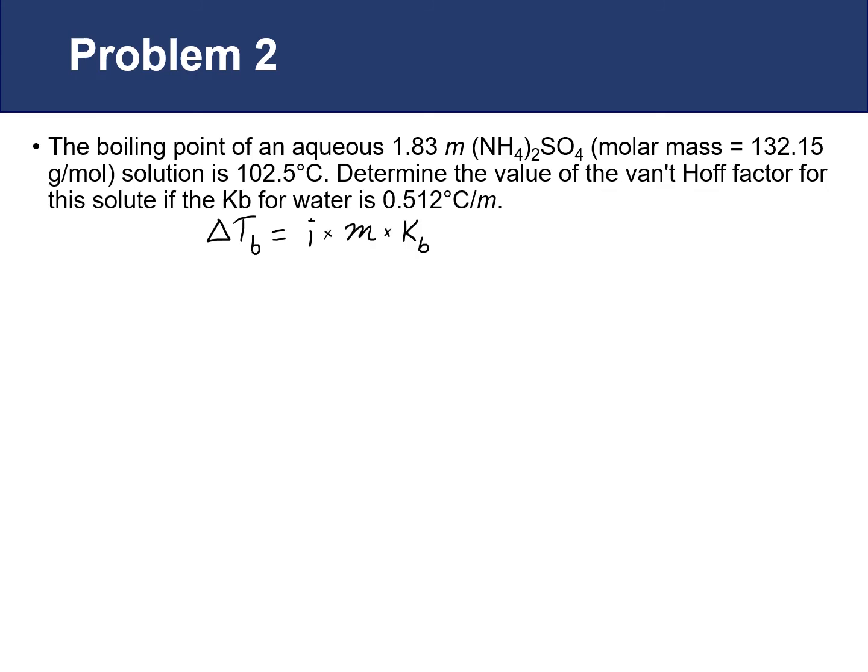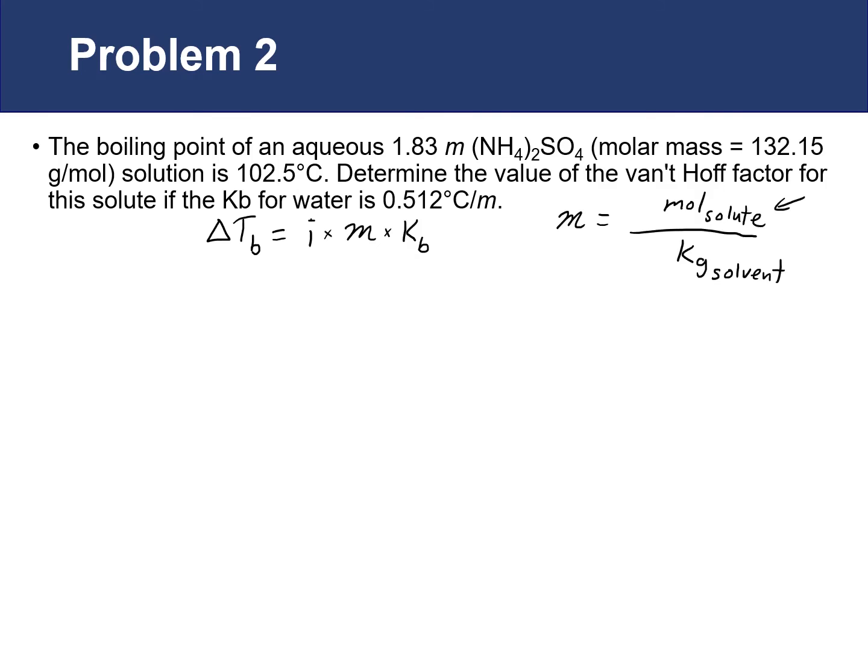This is because molality has the units of moles of our solute divided by the kilograms of solvent. So because the top unit is the moles of the solute, what the Van Hoff factor does is it's essentially a scaling factor for that value.